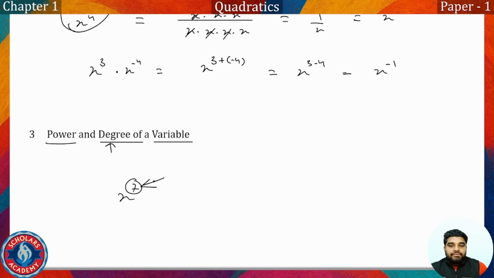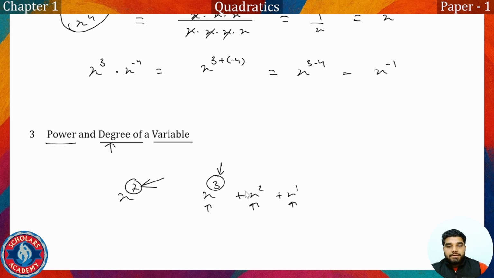So for example, if we say x to the power 3 plus x square plus x, in this case this individual x has power 1, this has power 2, this has power 3, but if I talk about the degree of this particular equation, we say this is the degree, the highest power.